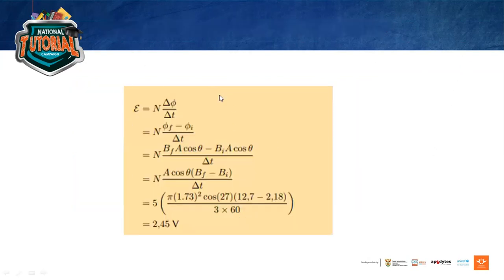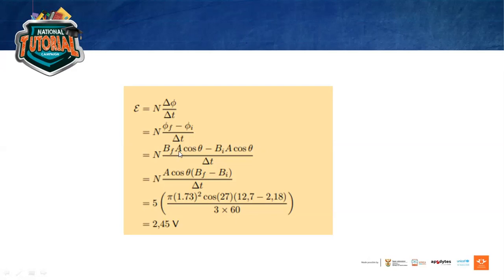Okay, so now we come back to this equation and we put our EMF equals N times change in magnetic flux divided by change in time.